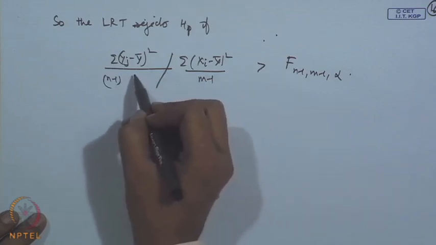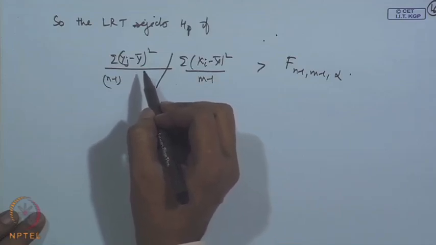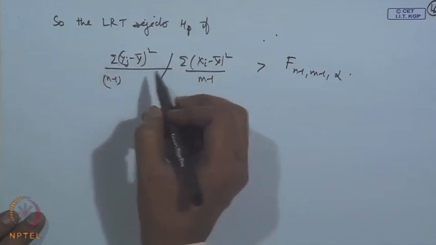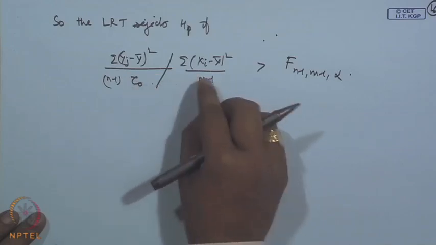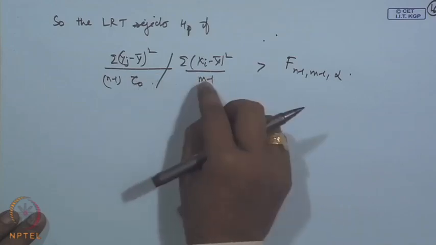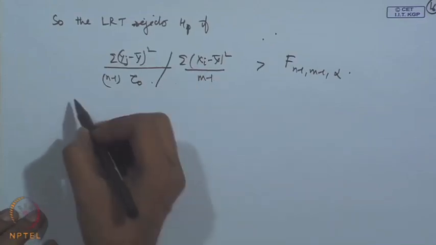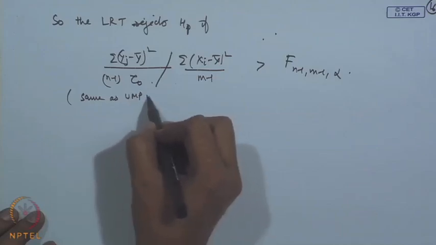Here tau naught will be coming with sigma 2 square by sigma 1 square, and 1 by tau naught will be coming here, because here I should have sigma 2 square by sigma 1 square equal to tau naught. So, this is the same as the UMP unbiased test that I derived that day.